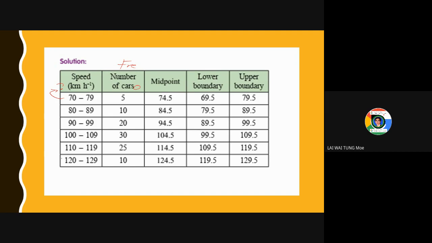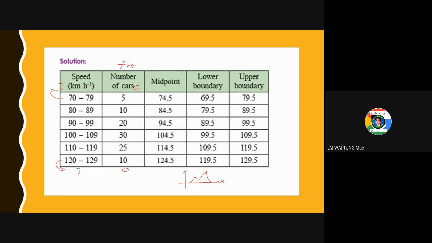And also you need to find out one more class after this one, the class interval with the frequency 0, so that you can construct your frequency polygon in a complete manner. In a complete manner means you start from the x-axis here, and it will end at the x-axis also. So this is very important.